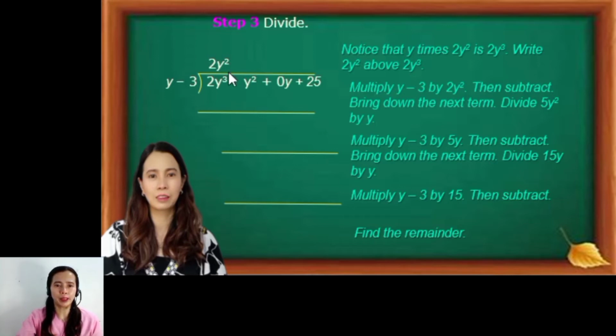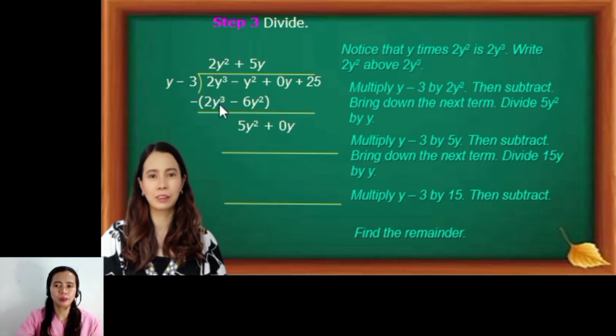Next, i-multiply. Para ka lang nag-divide ng numbers. Multiply natin dito sa y minus 3. 2y squared times y, that is 2y cubed. 2y squared times negative 3 is negative 6y squared. So, in division, you must change the sign of the subtrahend. So, this must be cancelled.